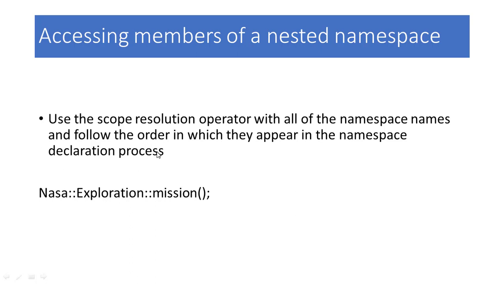In our previous slide, we saw a namespace called NASA, and inside that namespace, there was another namespace called exploration, and inside the exploration namespace, there was a function called missions. Now, to access the missions function, we have to use the namespaces with the scope resolution operator, and at the same time in the order in which they appear in the declaration process.